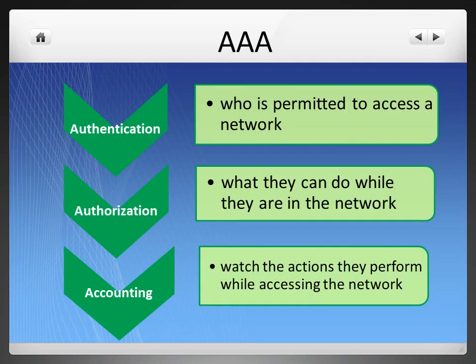On the other hand, we have AAA: authentication, authorization, and accounting. It's a way to control who is permitted to access a network, what they can do while they are there, and to watch the actions they perform while accessing the network.